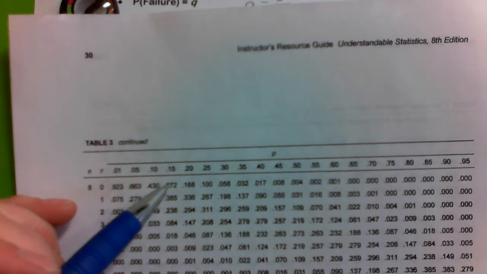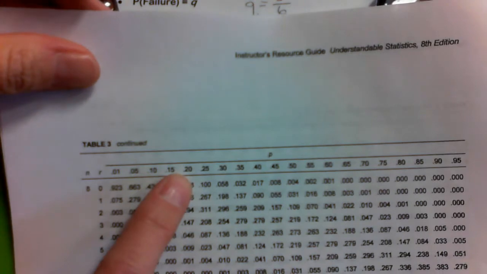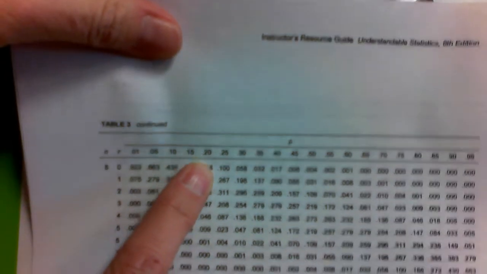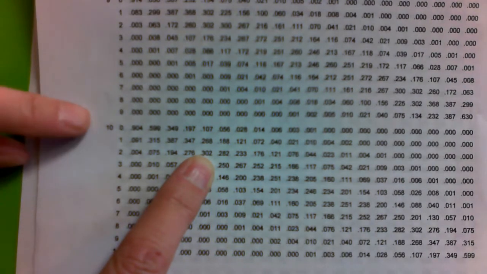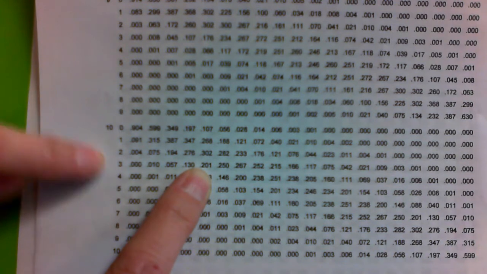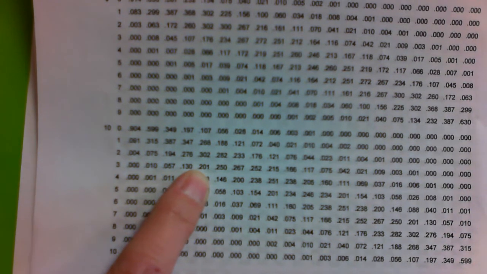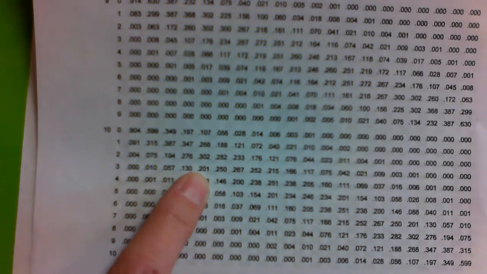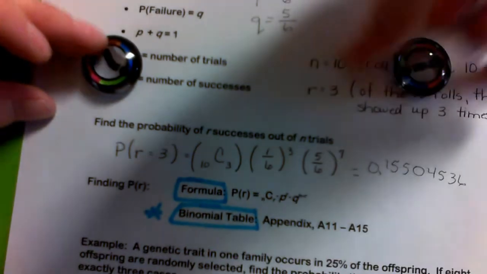In all the examples you will be doing, the p will be available up here. So I'm going to travel down to where we had 10 trials and 3 successes. Our calculation from the formula should be a number between 0.13 and 0.201, and we got 0.155, so we're good on that. That's where the location would be. Now, let's look at some examples that will fit on the table.